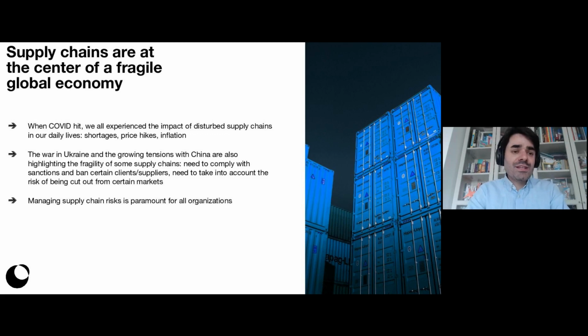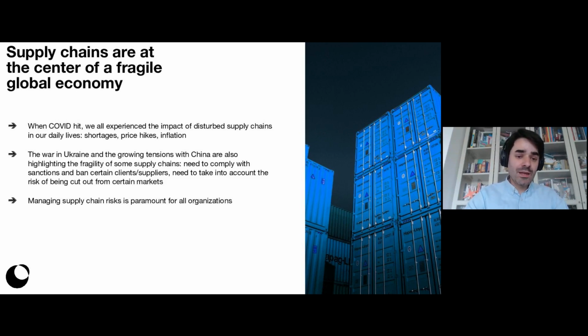First, supply chains are at the center of a very fragile global economy. We all remember that when COVID hit a few years ago, we experienced the impact of disturbed supply chains in our daily lives. We experienced that through shortages, price hikes, and inflation, for example. And this hasn't changed. I mean, the tension on supply chains throughout the world has only increased.